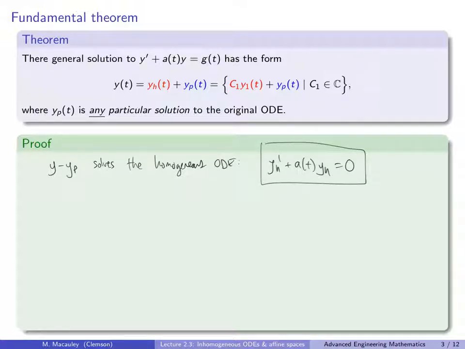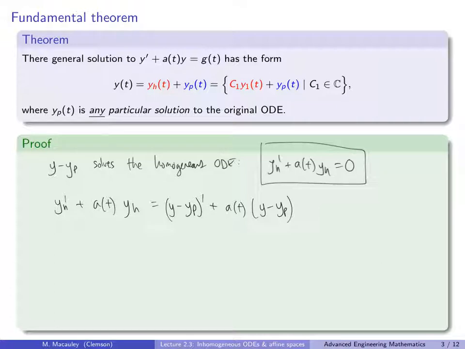Or how are we going to check that? To check that, we need to take the derivative and plug it in for y_h. So y_h prime plus a of t y_h equals, y_h prime is y minus y_p prime, plus a of t times y_h, which is y minus y_p.